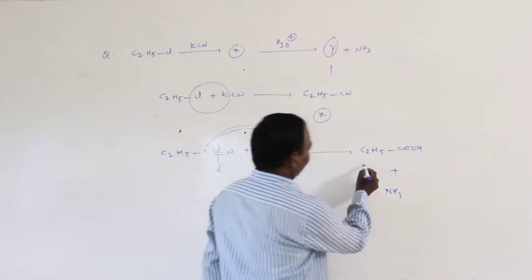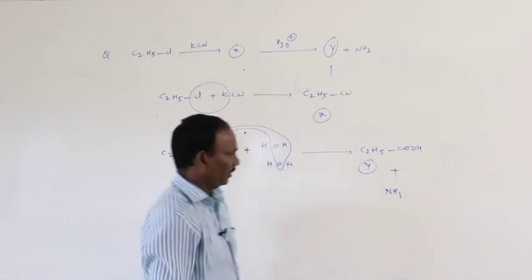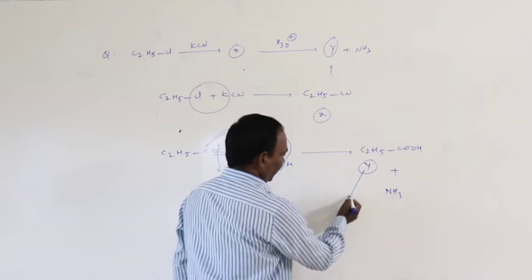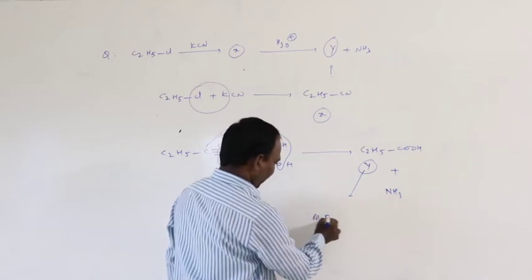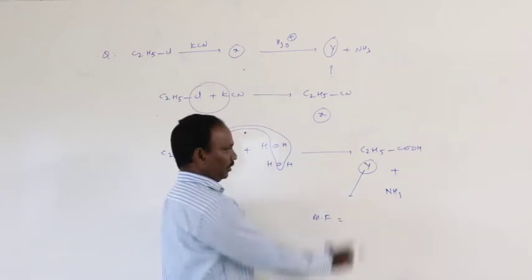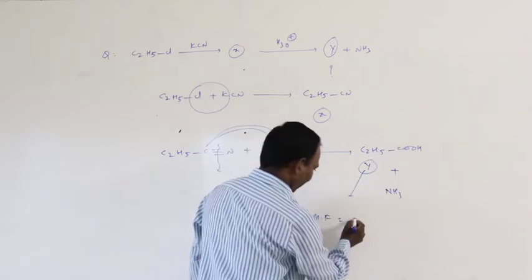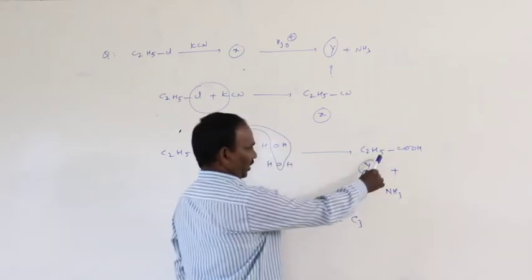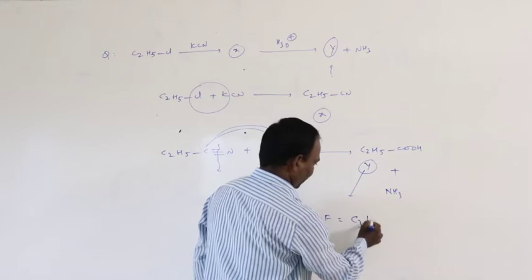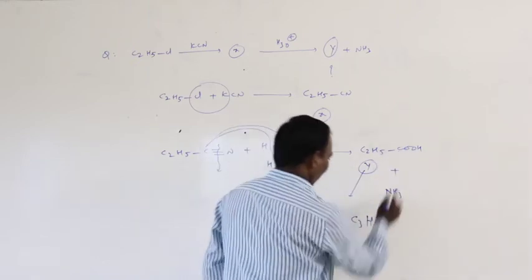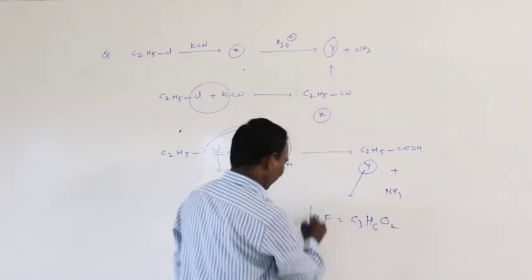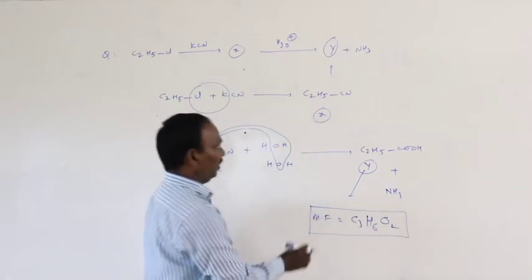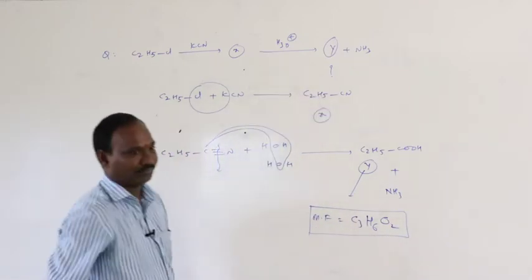Okay, now this compound is Y. What is the molecular formula of Y? The molecular formula MF is equal to 2 plus 1, 3 carbons, C3, hydrogens 5 plus 1, 6, H6, 2 oxygens, O2. This is the molecular formula of Y compound.